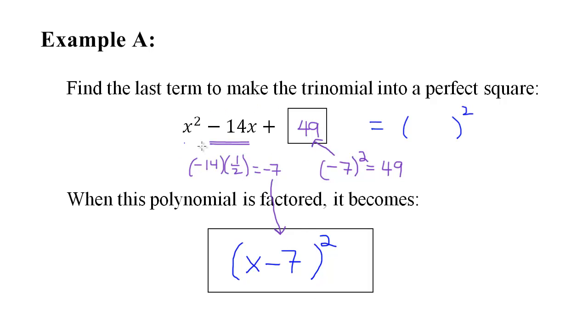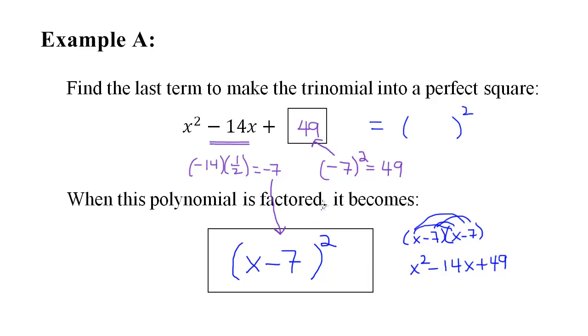We have taken a trinomial and rewritten it as a binomial square. We can check it by taking x minus 7 squared, which is just x minus 7 times x minus 7. And when you distribute or FOIL it out by multiplication, you would get x squared minus 14x plus 49, which is our trinomial.